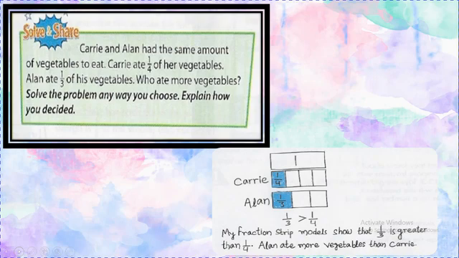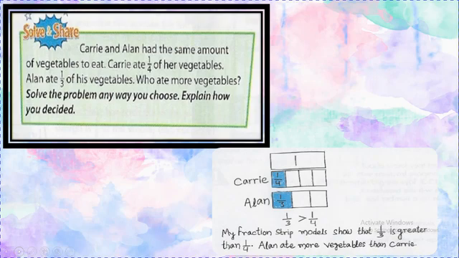When we divide the same sized whole into more parts, the parts get smaller, as you can see in Carrie's fraction. And for Alan, it's bigger because the whole is just divided into 3.